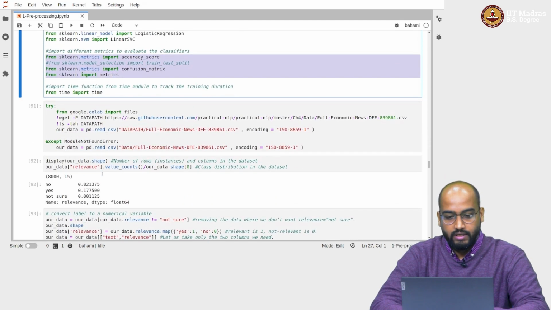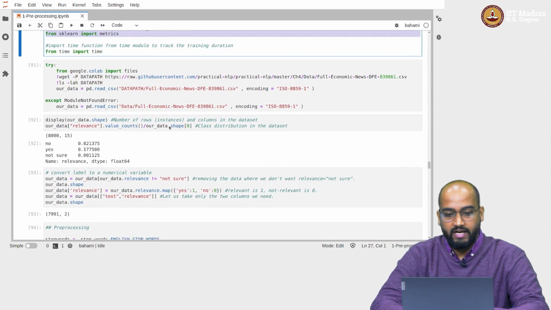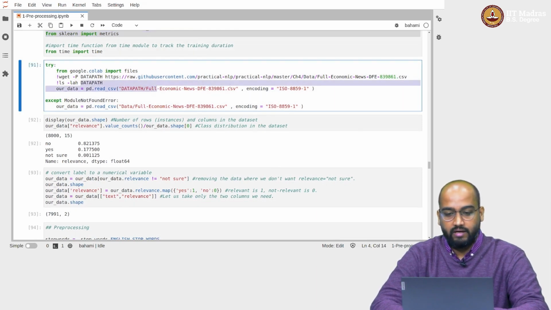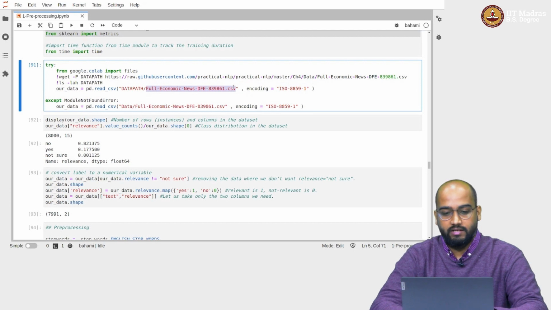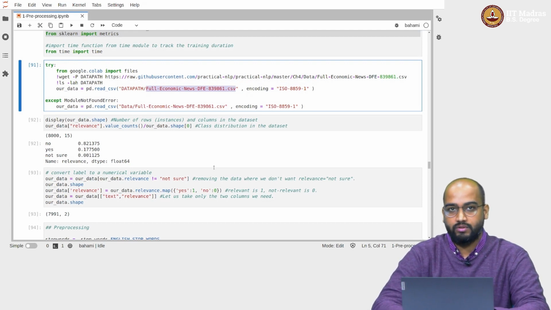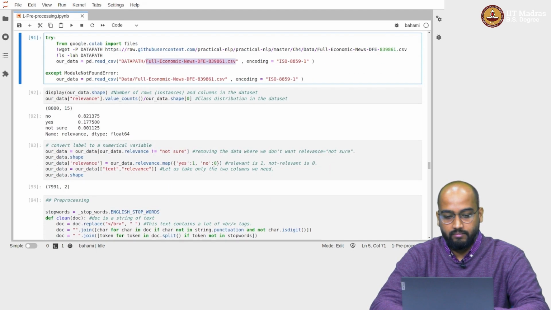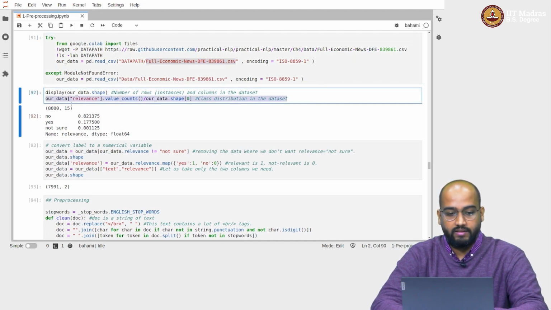So what follows here is basically, we take a toy data set. This is a data set where each economic news article is tagged for a few values, whether it is relevant for the US or not, and values like that. So this data has a feature called relevance.